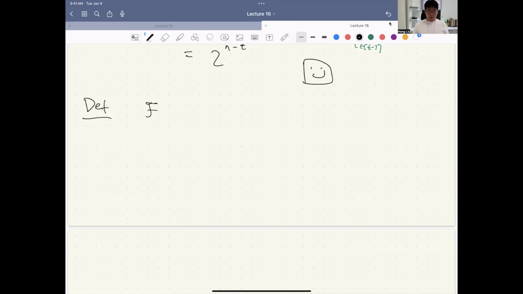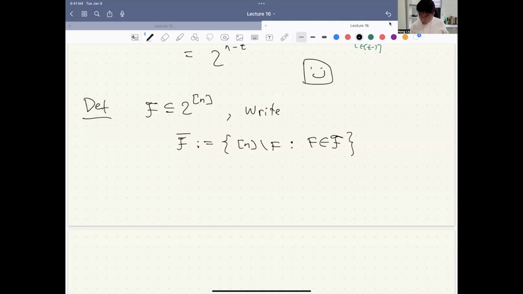This is sort of another complementary family, but we are not complementing by looking at the sets not in F. We are complementing elements in F. We will write F bar is the family where I take complementary sets where the sets are from F. Okay, this is different from FC that we just worked with.